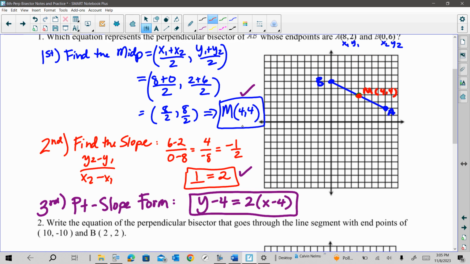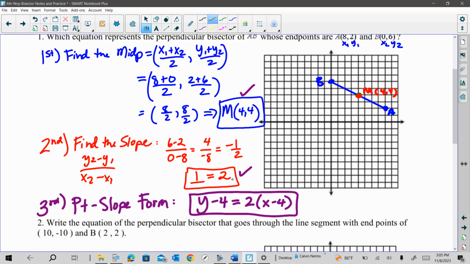Now, to do the perpendicular, okay, I can count my rise over run. So this is down 1, 2, 3, 4, and then to the right 1, 2, 3, 4, 5, 6, 7, 8. So again, our slope is negative 1/2, down 1 over 2.